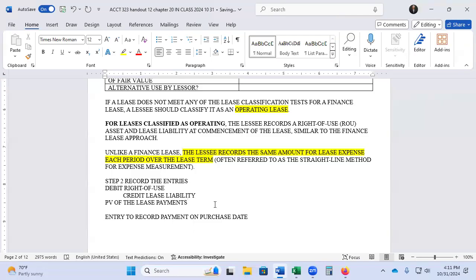And that's for the present value of the lease payments and any guaranteed residual value. So if we were going to make a payment on the date that we purchase it, it would be a debit to lease liability and a credit to cash.